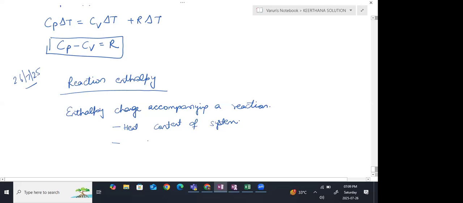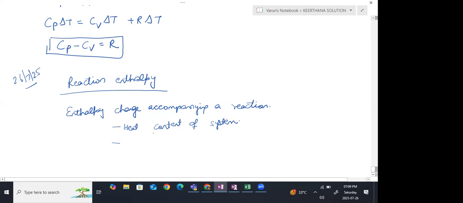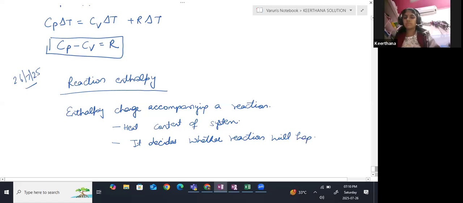Ma'am, can you explain it again? It got disconnected. Whatever heat a system has, we call it as reaction enthalpy. Or it tells me whether a reaction will happen or not. It decides the spontaneity. Clear? Yes, ma'am.